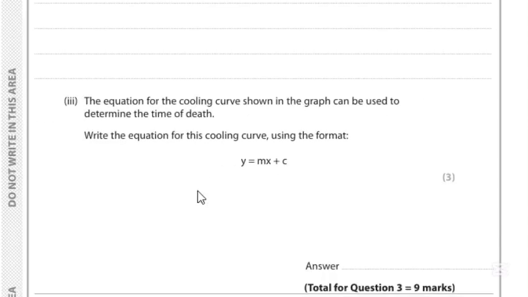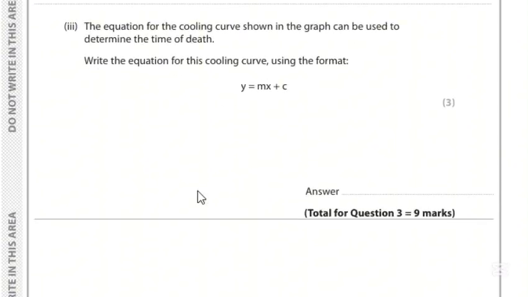I guess this is the last question. The question says, the equation for the cooling curve shown in the graph can be used to determine the time of death. Write the equation for this cooling curve using the format y equals mx plus c.